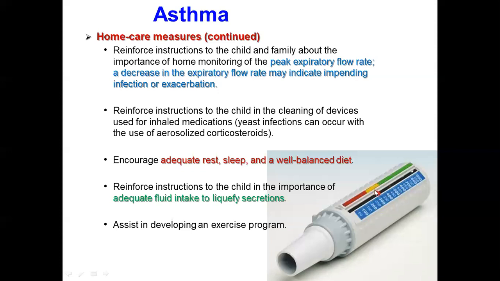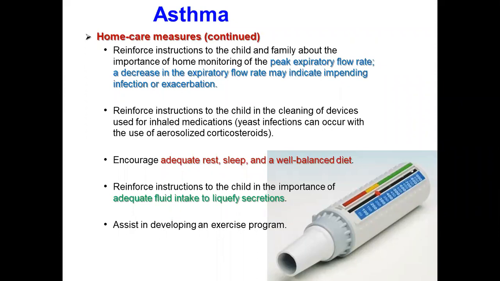When we see the indicator in the red mark, it means the peak expiratory flow rate is less than 50% of personal best. Asthma is not controlled. Asthma is severe and emergency care is needed.